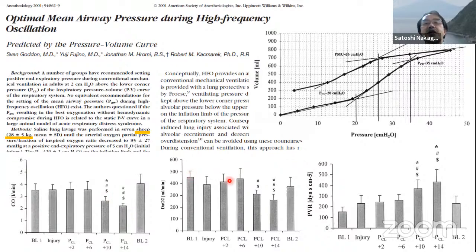The same thing can be seen in oxygen delivery: if the airway pressure exceeds this point, oxygen delivery also decreases. They also looked at pulmonary vascular resistance, and PVR also increased above this level of mean pressure. So you have to choose the mean pressure very carefully, closely watching the hemodynamic status of the patient.